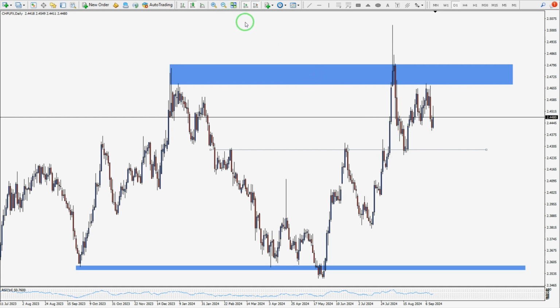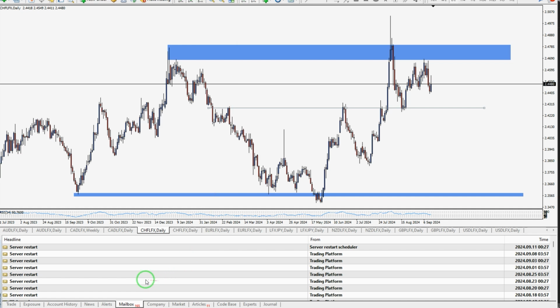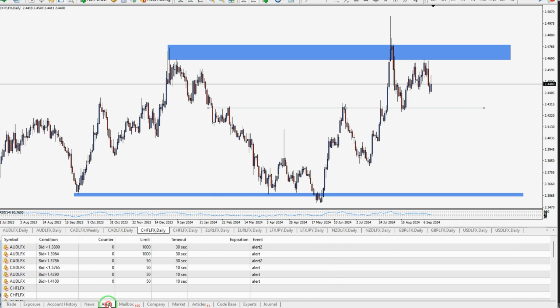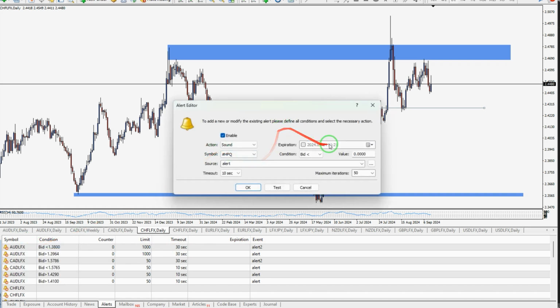Now, for the alert, I use the same artificial intelligence analysis machine. It also has the alert option, but if you just want to use MetaTrader itself for alerts, it's very simple with the terminal window. From the Alerts tab, I can easily use it, and in this way, I right-click, I hit Create, I tell it which currency pair I want it to be on, and I also specify its limit.